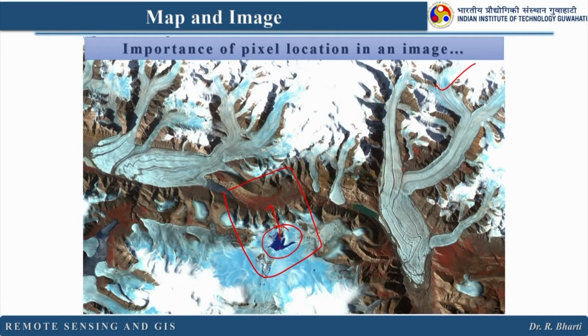Then the actual representation of this area will not be there in your image. So that's why it is very important to make sure whether each pixel is located in its own position or lying somewhere else. That error we need to take care of, right.